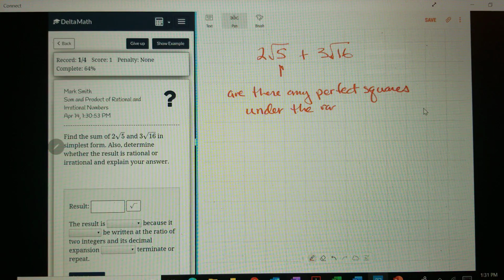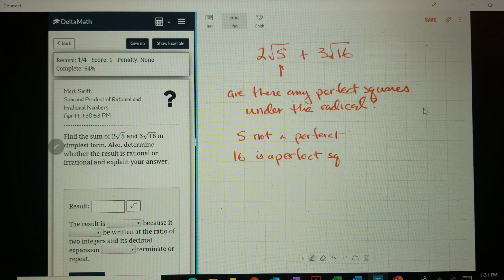Is 5 a perfect square? 5 is not a perfect square. But 16 is a perfect square, because it's the product of 4 times 4.